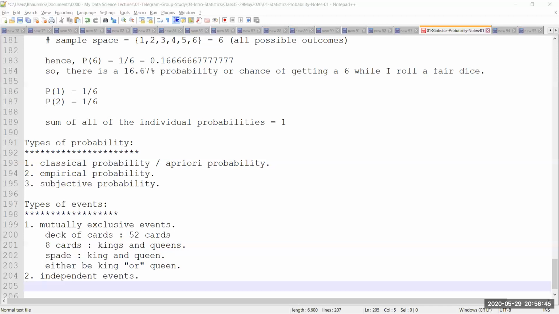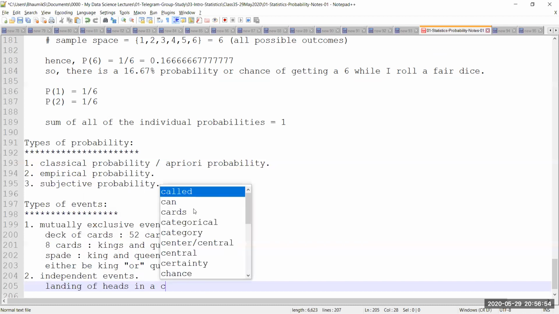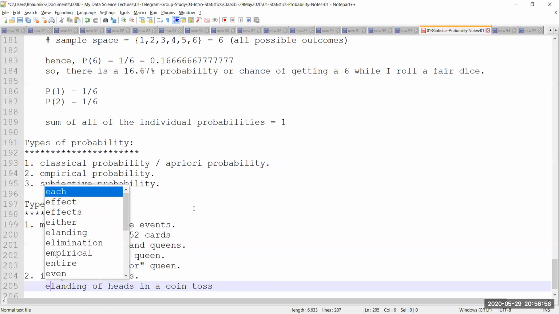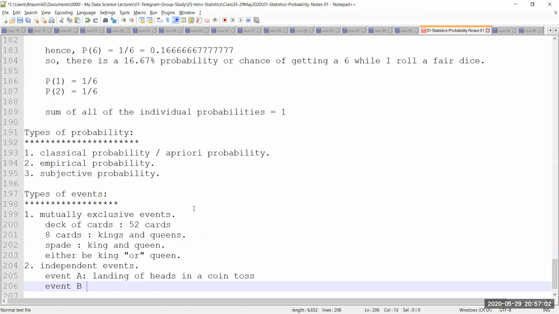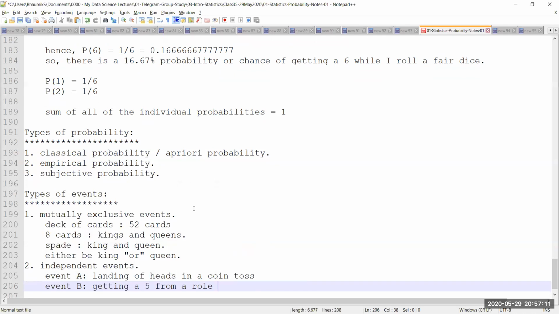These two events that we are doing together: landing of heads in a coin toss is, let's say, event A, and event B is getting a 5 from a roll of a 6-sided die.